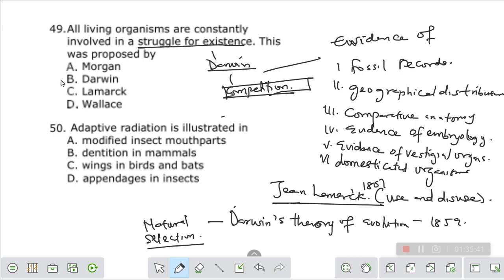Adaptive radiation is illustrated in: A. Modified insect mouthparts. B. Dentitions in mammals. C. Wings in birds and bats. D. Appendages in insects. What is the answer?